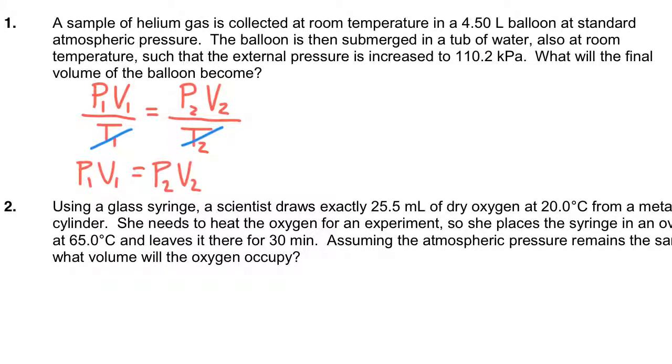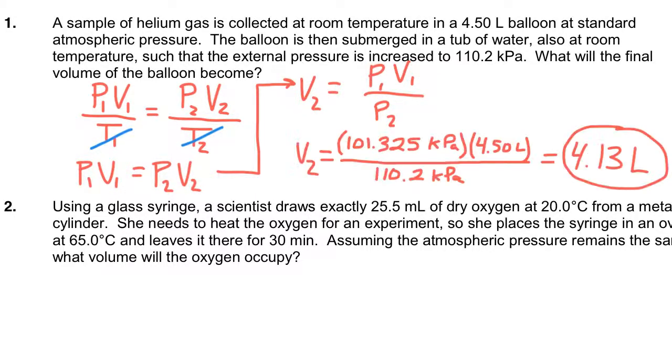We know P1, we know V1, we know P2, and we're asked, what will the final volume of the balloon become? Well, that's V2, so we're going to solve for V2. I rearrange my formula to solve for V2, and now it's just a matter of plugging in my numbers and solving. So you should get an answer of 4.13 liters.